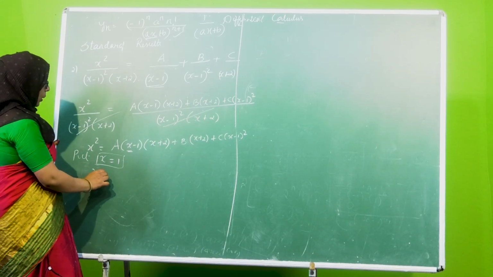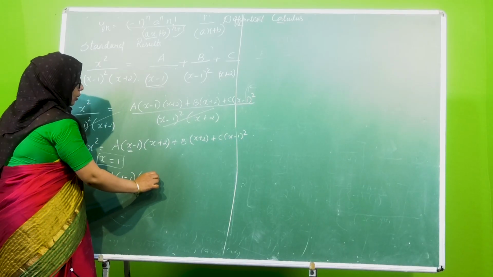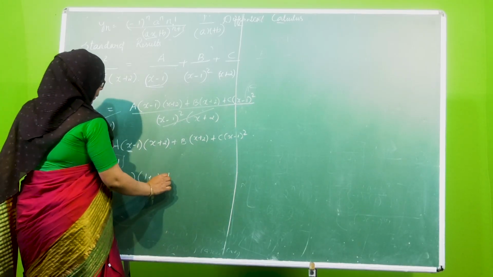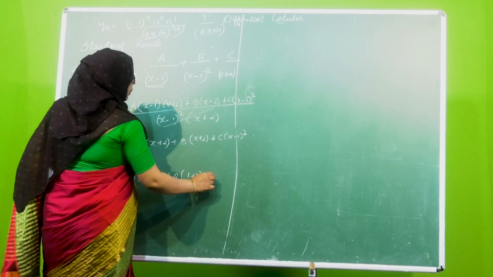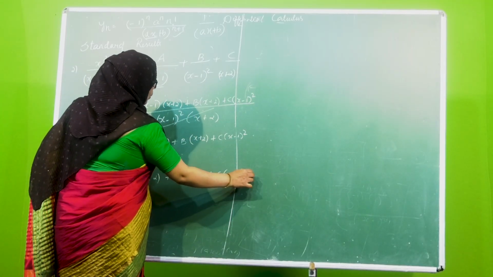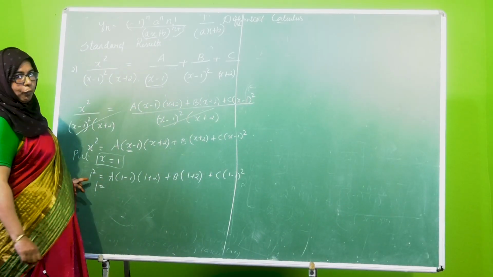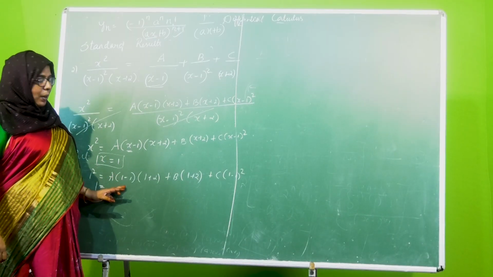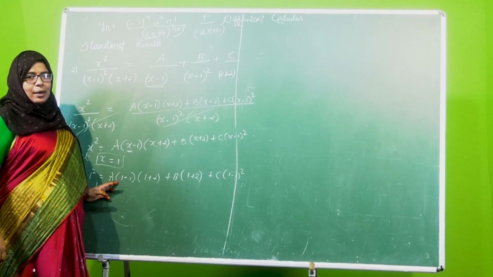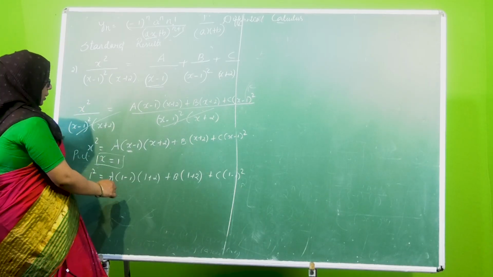That is, 1 square equals a into 1 minus 1 into 1 plus 2 plus b into 1 plus 2 plus c into 1 minus 1 whole square. So 1 square is obviously 1. So a into 1 minus 1, what is the value? 0. So 0 into anything is obviously 0.